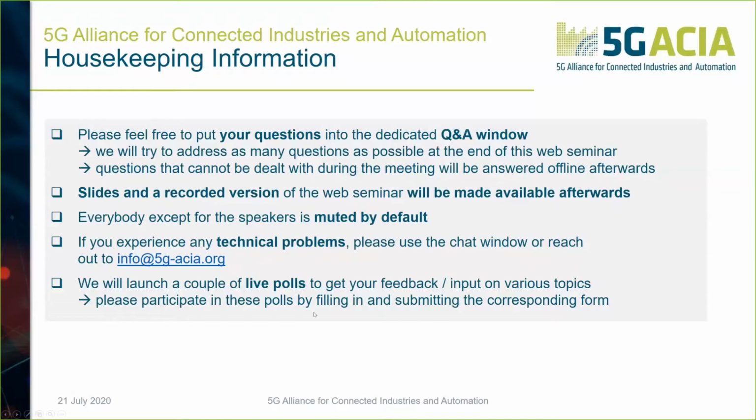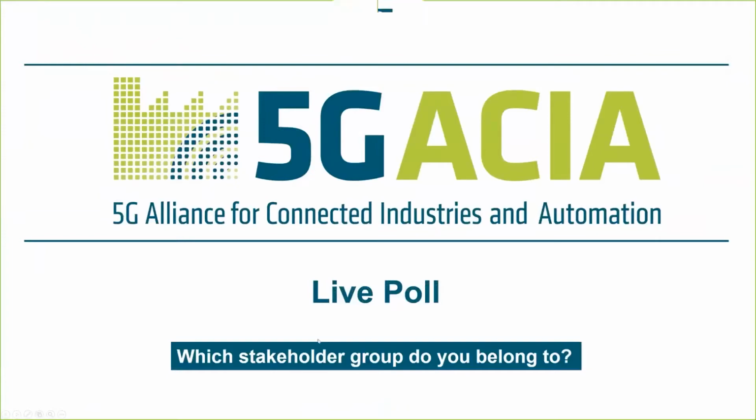To test this, we start with two very simple live polls right away. At the beginning, it's always good to know who is in the call, who the audience is. So we would be very much interested in understanding which stakeholder group you belong to. Are you from the ICT industry?